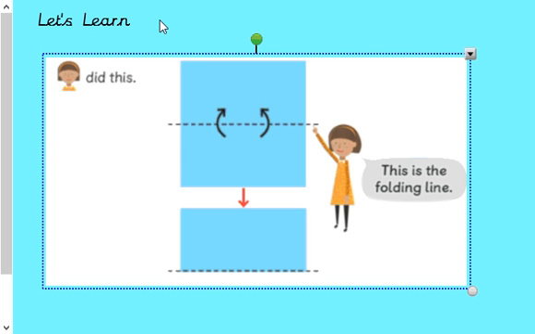Okay, let's learn. So we're going to start with a square this morning. Now, if we're thinking about folding shapes here, the young lady has put a folding line in on her square. You remember the question asked us, could we fold that square in half exactly along a folding line so that it lands exactly on the other half, with no bits sticking out?